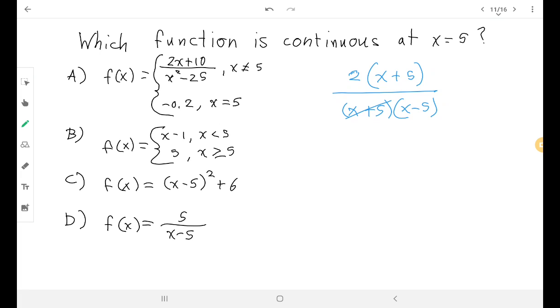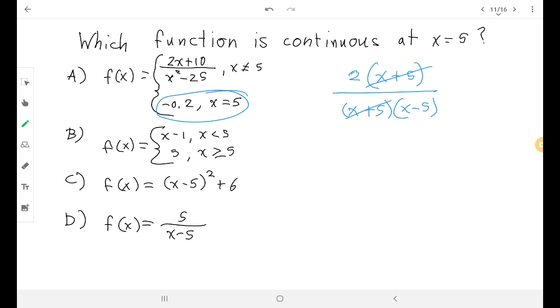So I've got a hole at x equals -5. I've got a vertical asymptote starting at x equals 5. And of course, what we're really doing there, because x doesn't equal -5, is we're taking out the vertical asymptote. We're leaving in the hole because it's that value everywhere except there.